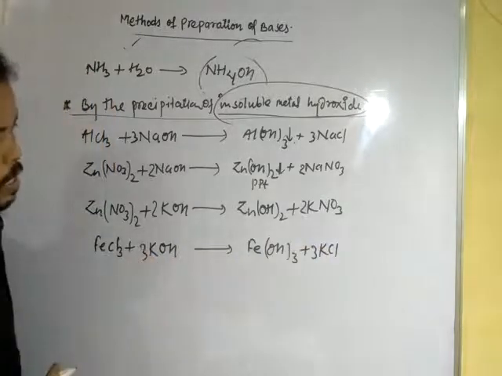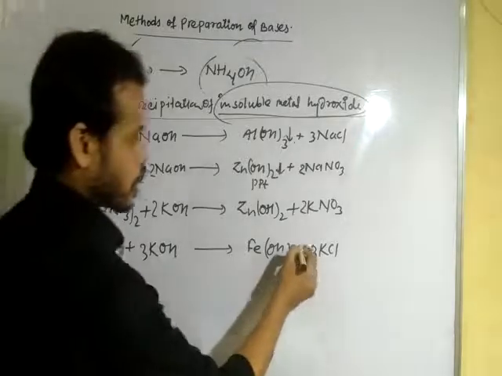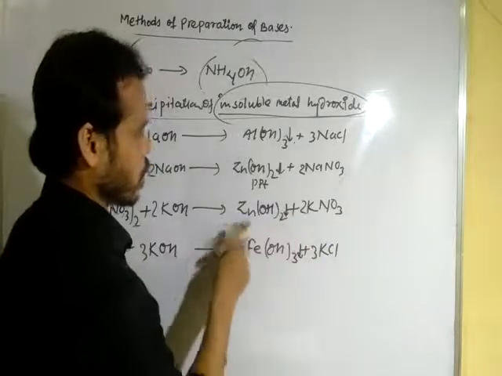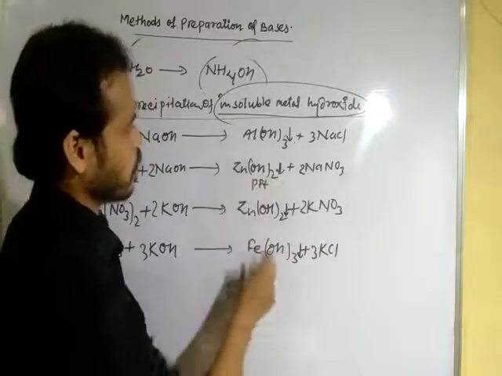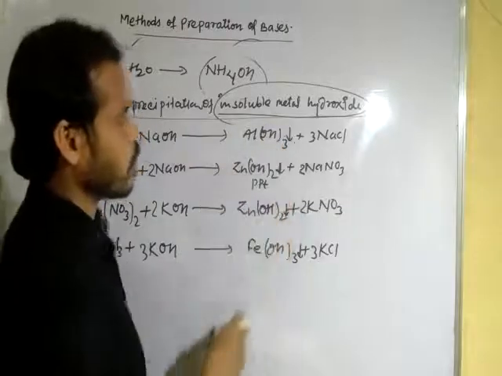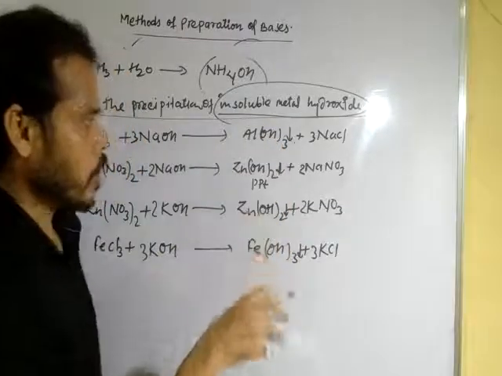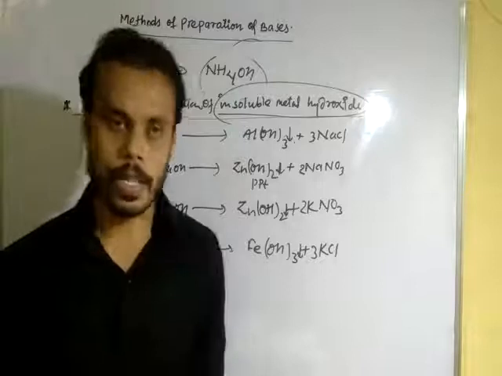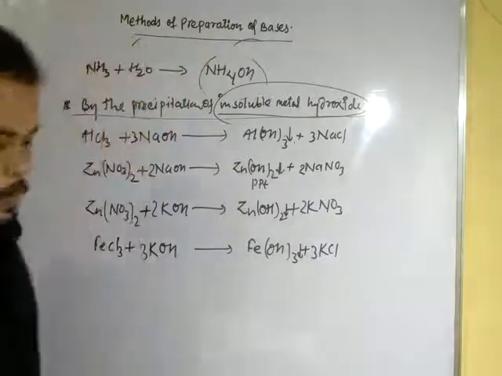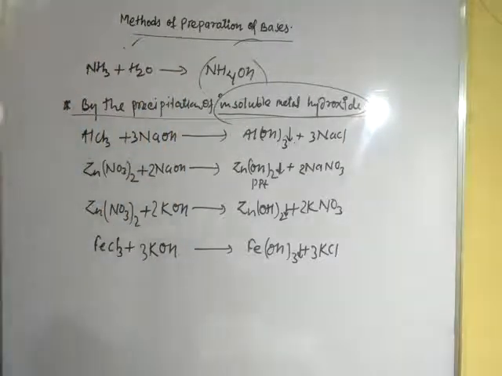This reaction is a balanced reaction. This is the precipitate form of metallic hydroxide. These are precipitated forms. Okay. So the point of the arrow should be in downward direction. Okay, dear student? Okay. Next one is by heating nitrates of metals strongly.